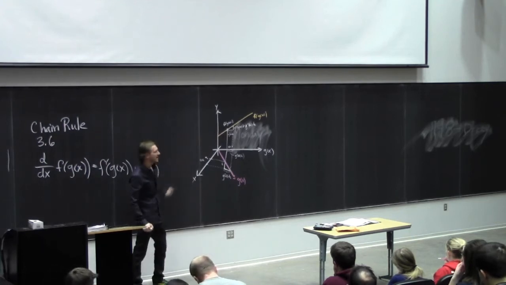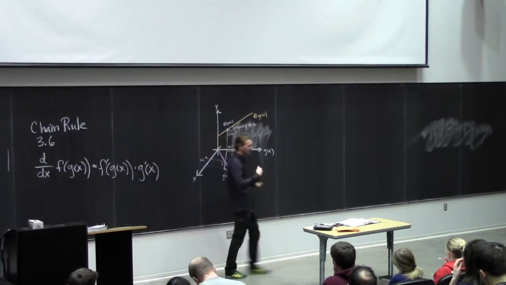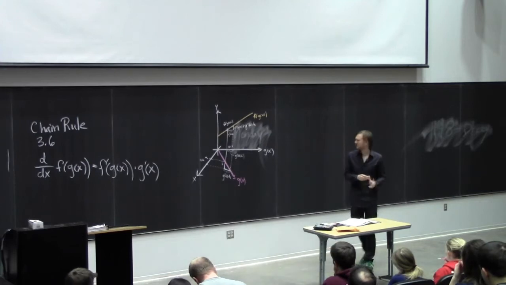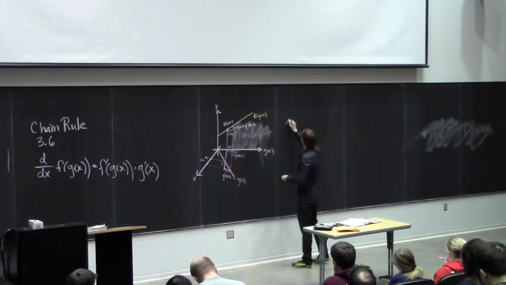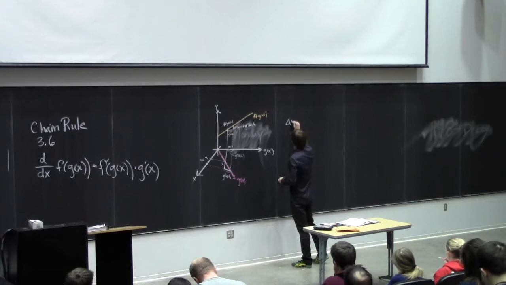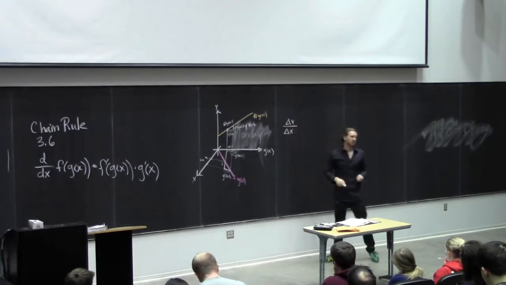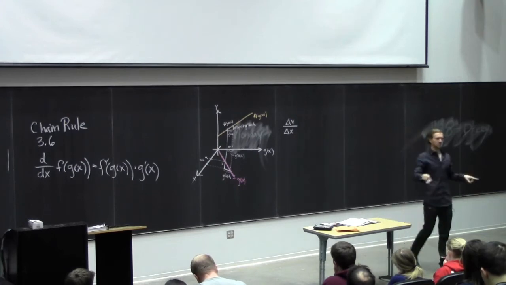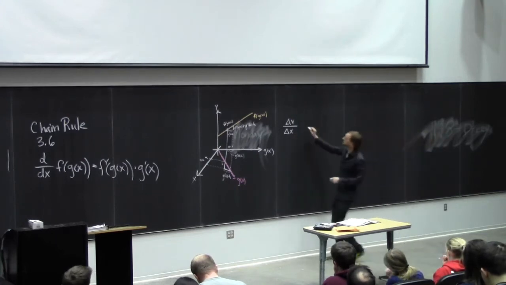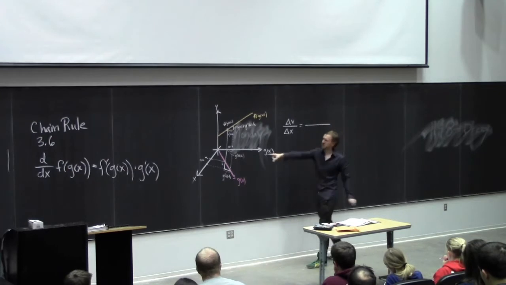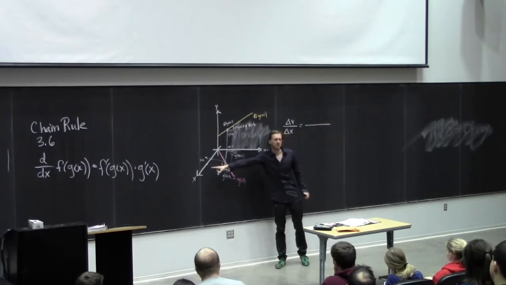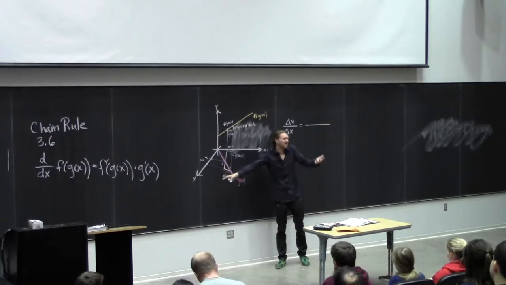You might have to sit and think about this picture a little bit. You ask yourself, how does y change as x changes? Remember, delta means change. How much did x change? Just h, plus h.